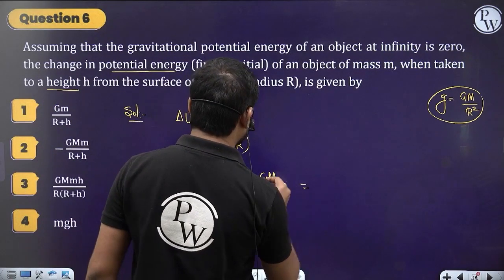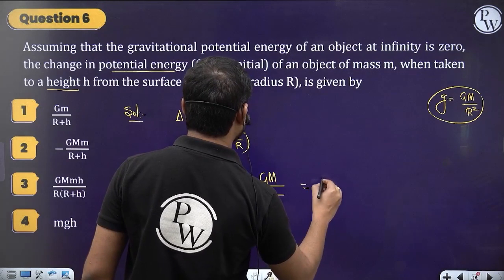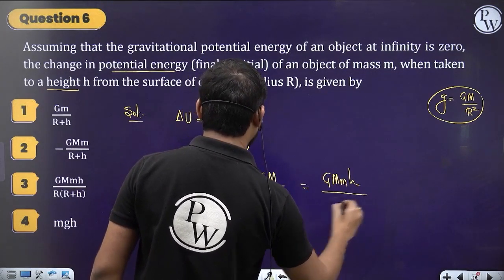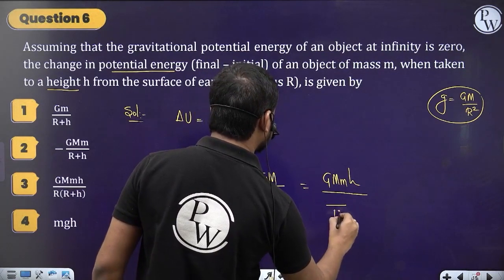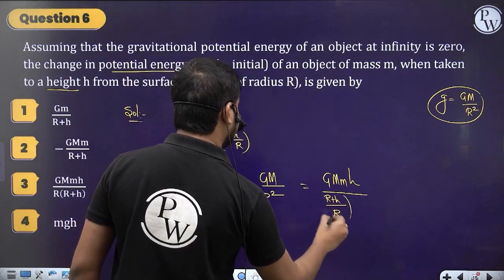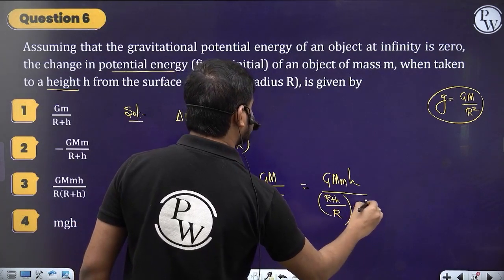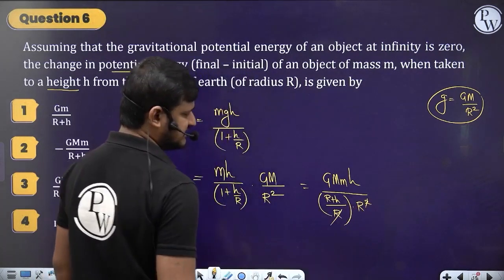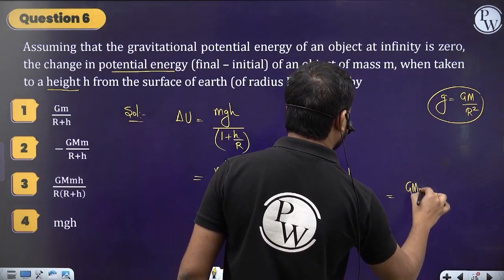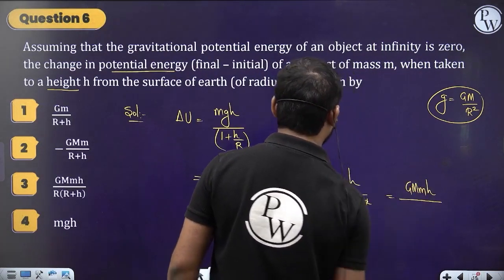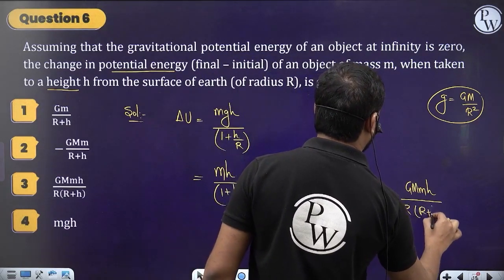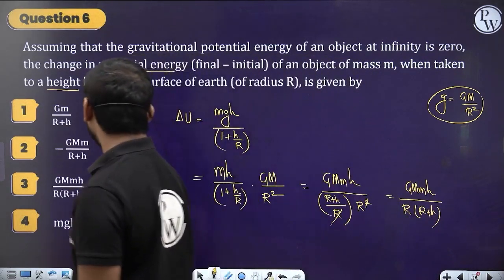Now in the numerator we have GMmh by, here you can take r as the LCM, so it will be r plus h, into r square. R gets cancelled, so that we are left with GMmh by r into r plus h.